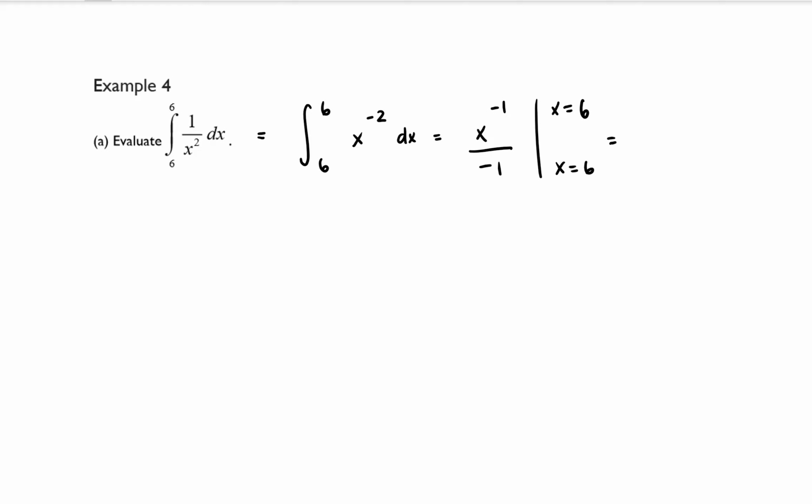And then that's going to equal 6 to the negative 1 over negative 1 minus 6 to the negative 1 over negative 1, which we don't really need to calculate specifically, because they're the same number, and so that minus that is going to give us 0.